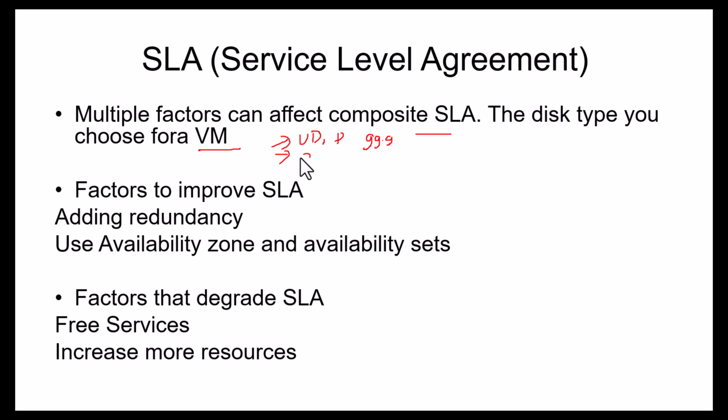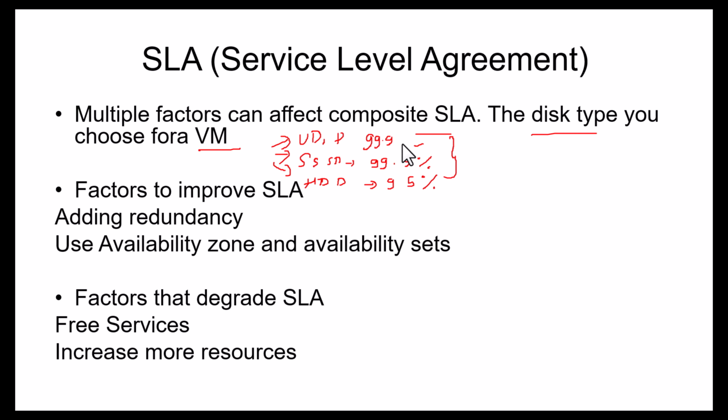If you only use the standard SSD, that gives you an SLA of 99.5 percent. And if you deploy a virtual machine using HDD, you get an SLA of 95%. So if your disk type is different, your SLA changes. If you go with the higher tier, definitely your SLA will be improved.